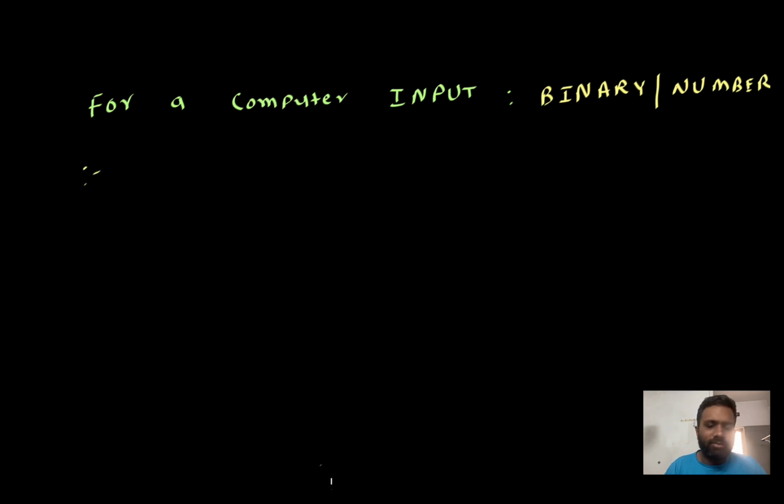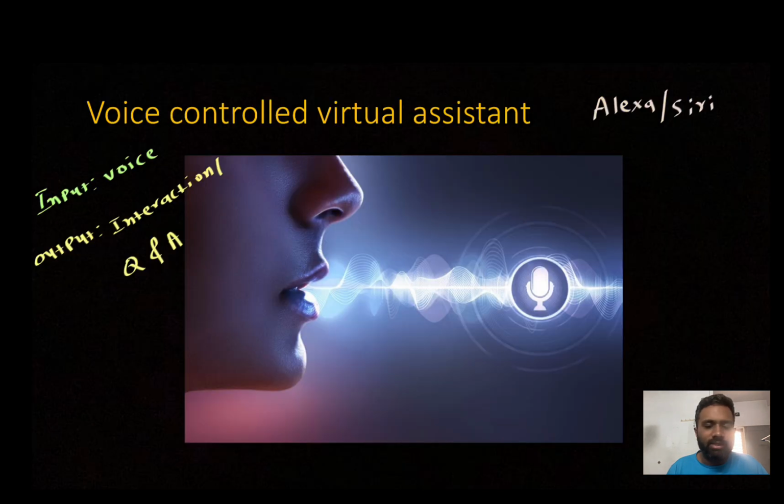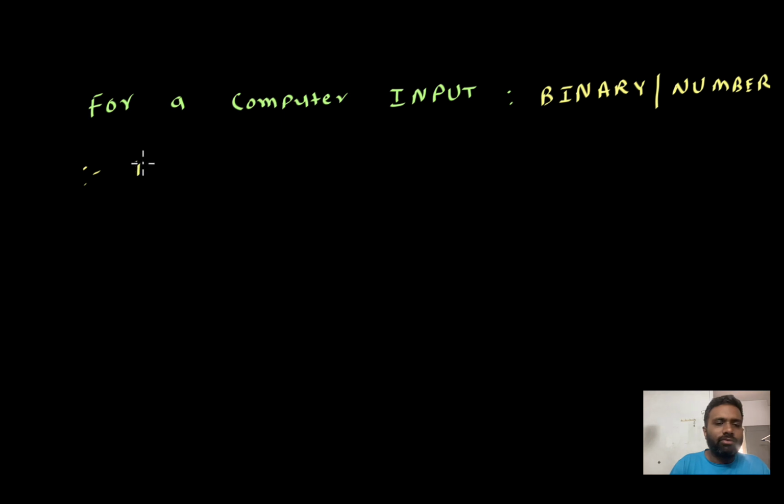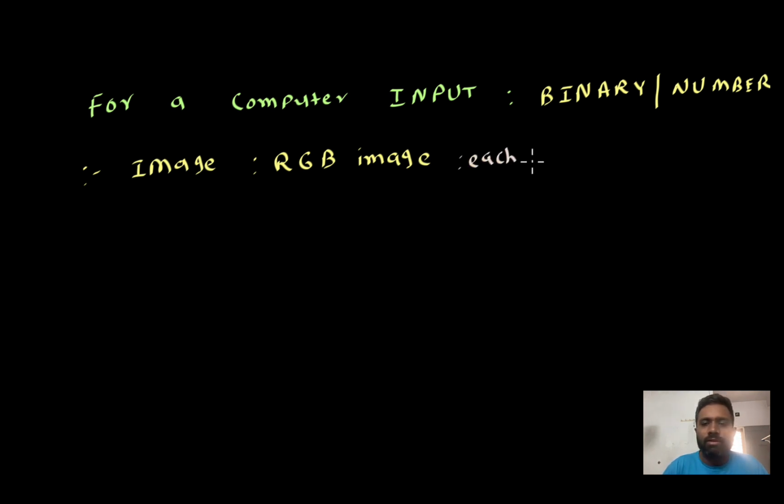So all of this has a certain correspondence with binary or numbers. For an image, if you see here, an image is generally a 3-channel image which has red, green, and blue channels, and each channel has a certain integer from 0 to 255.